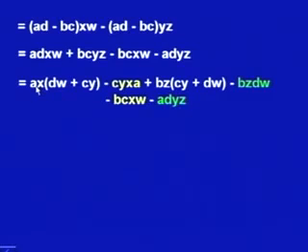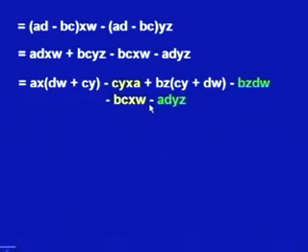So, AXDW is with me, I will add CY AX and subtract CY AX. Similarly, BZCY is with me, I subtract BZDW and add BZDW, and then these two terms.